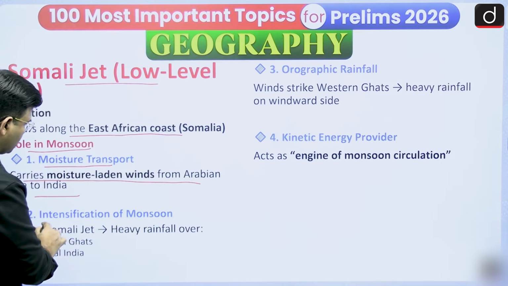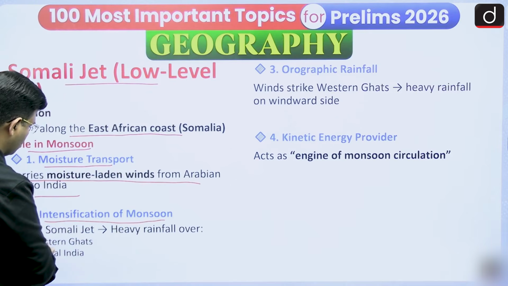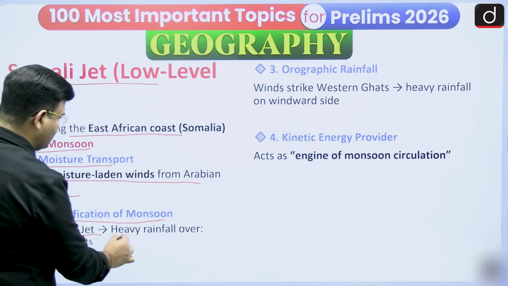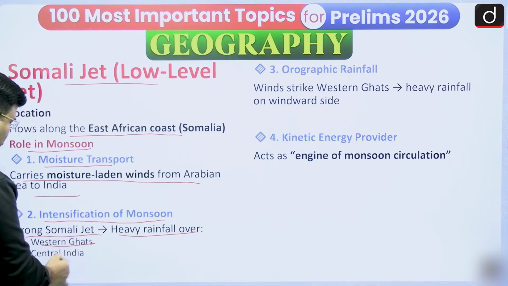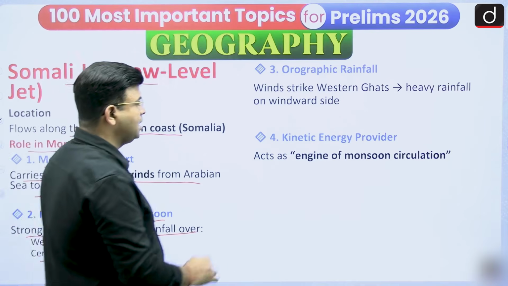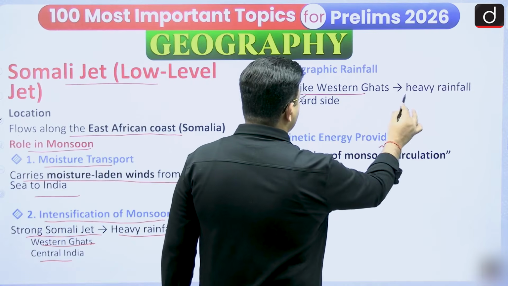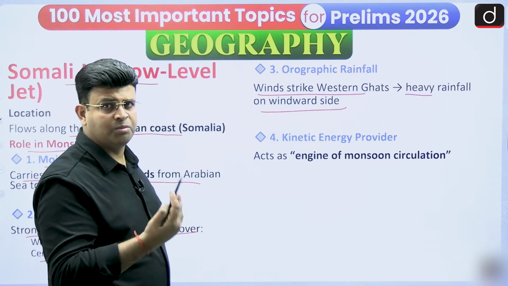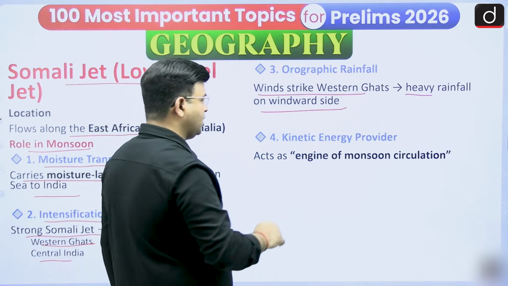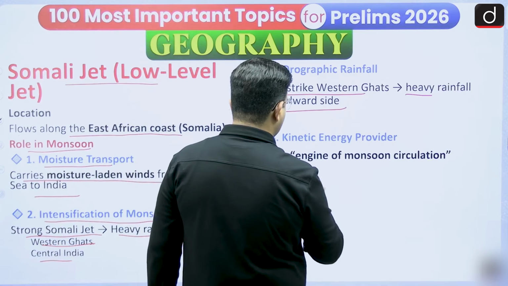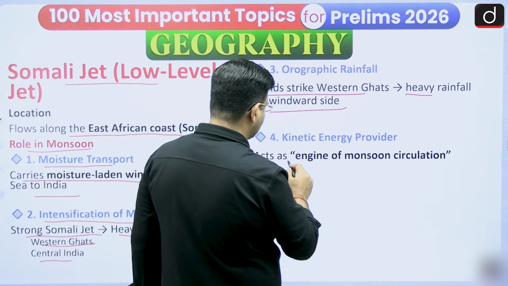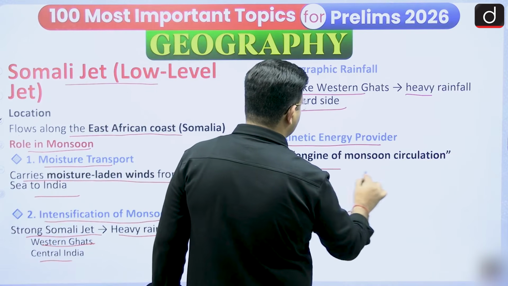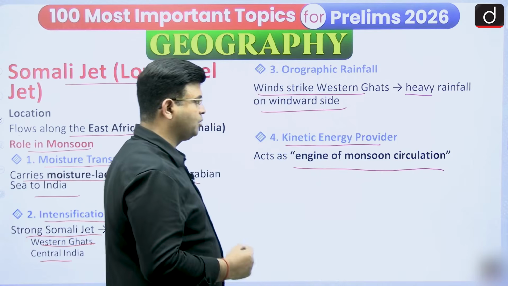And in the second one, intensification of monsoon, a strong Somali Jet will cause heavy rainfall over India, especially the Western Ghat and Central India, and wind strikes the Western Ghat causing heavy rainfall on the windward side, meaning orographic rainfall. You must be knowing windward side, orographic rainfall, along the Konkan, Kannada and Malabar coast, and kinetic energy provides the engine of monsoon circulation, that we have to see.